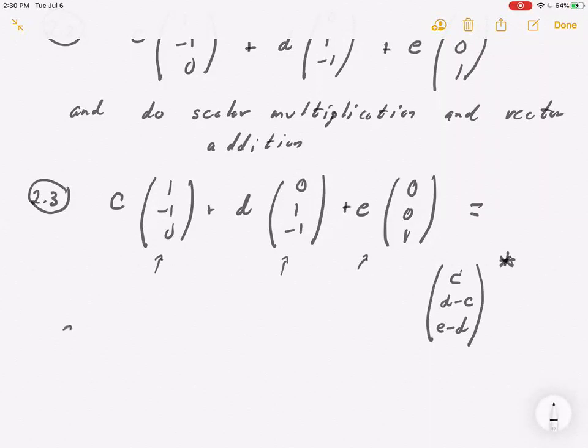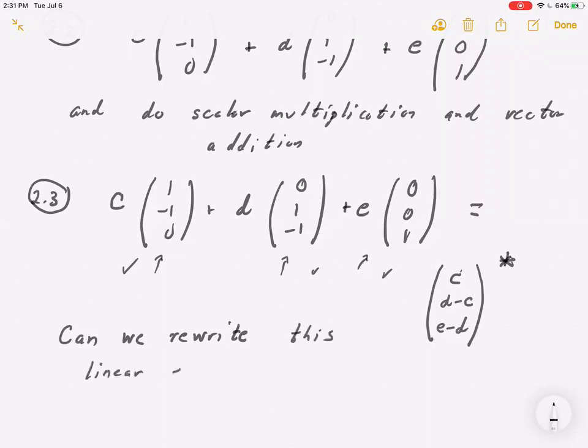The thing that's new here is the answer to the following question. Here I have a linear combination of three vectors. I get a result, star. Can we rewrite this linear combination?